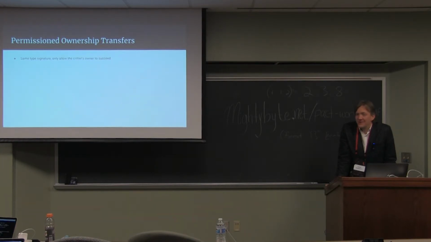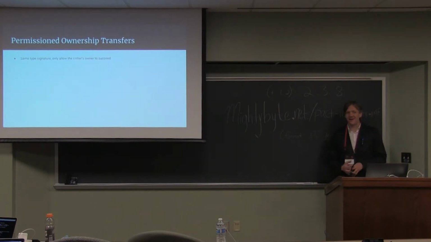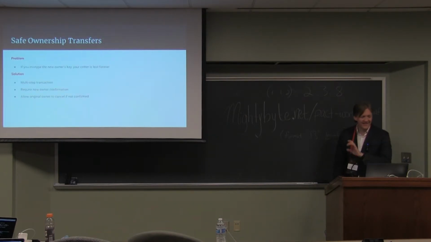It's just a number or set of bits. So it'd be nice, I thought, to make our transfer function safer, so that we cannot accidentally transfer our critters into oblivion. And that's the next task for you.